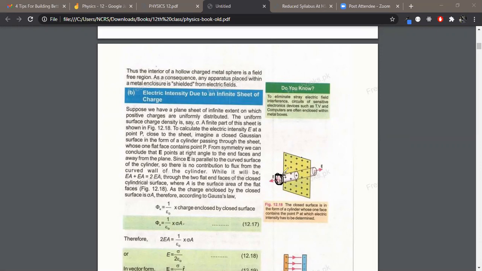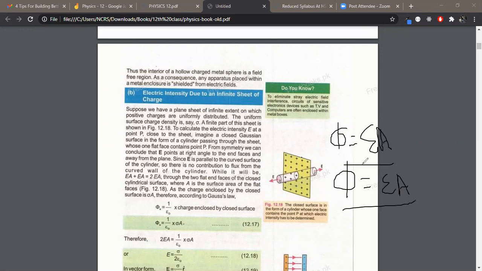And I already told you that for the top surface, for the bottom surface, and for the surface that is present inside the sheet, the flux will be zero. So the same will be the case on the right hand side. On the left hand side, the flux is Ea, and on the right hand side we will get the same flux because the Gaussian surfaces are the same.